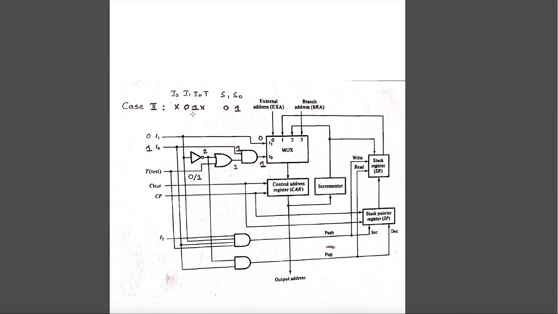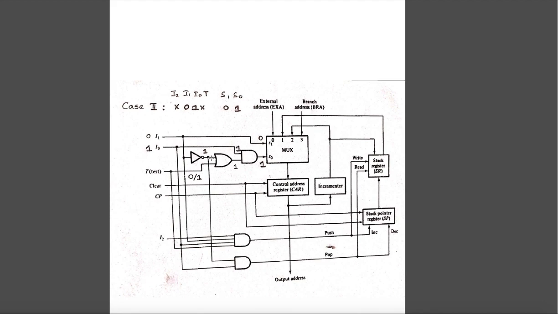In that case, we know that I1 is 0 and I0 is 1. Definitely S1 is going to be 0 because I1 is directly given to S1. Since I0 is 1, one of the inputs to the AND gate will be 1, and the other input is the complement of I1. Since I1 is 0, we get a 1 here.